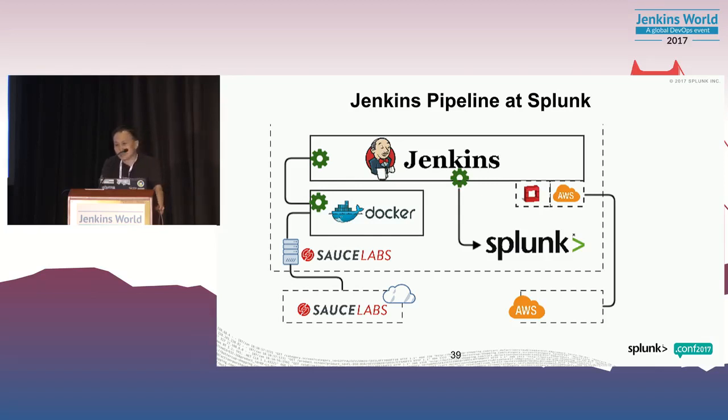We implemented some async steps using a lightweight executor, and most jobs run in Docker. We also need to run some tests which cannot be run in Docker, such as Windows tests and other security tests. We also use Sauce Labs for cross-browser tests.